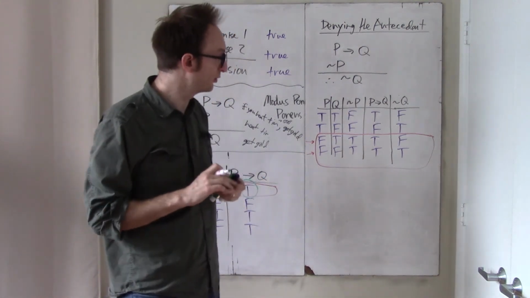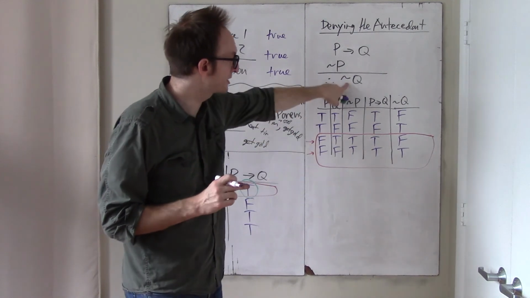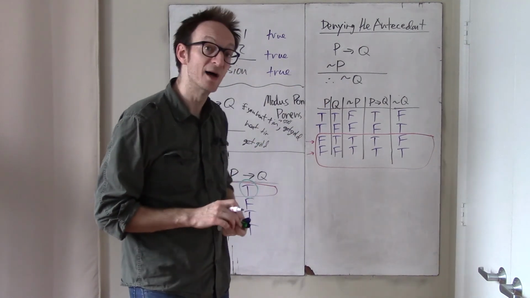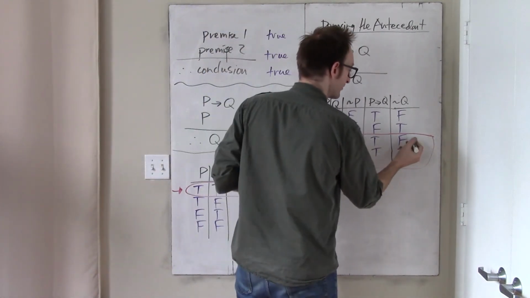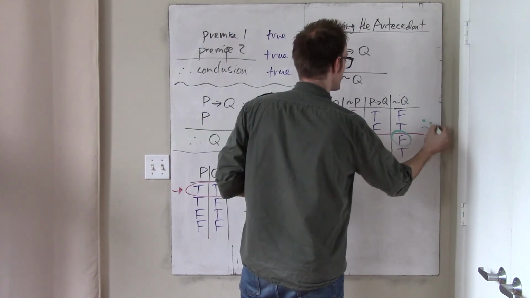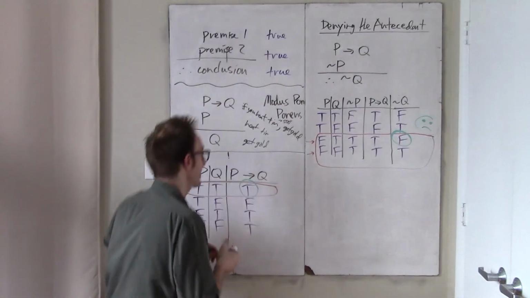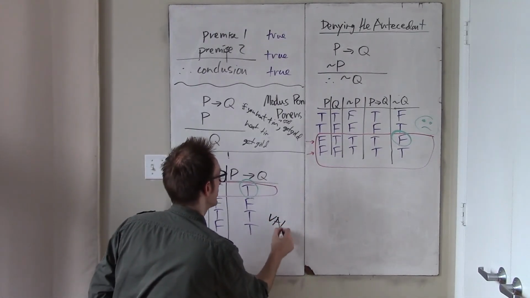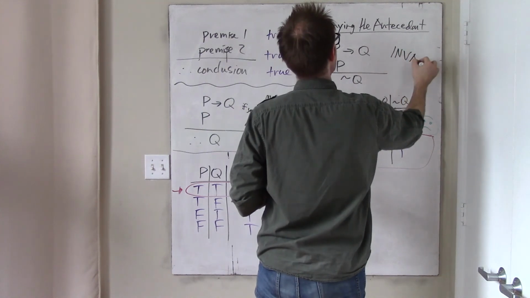And is it true in all of those truth assignments that this conclusion is true? Aha! No, it's not. There's this offender right here, and this offender is in fact false. In other words, unlike over here, where I concluded that this argument was valid, here, this argument is invalid.